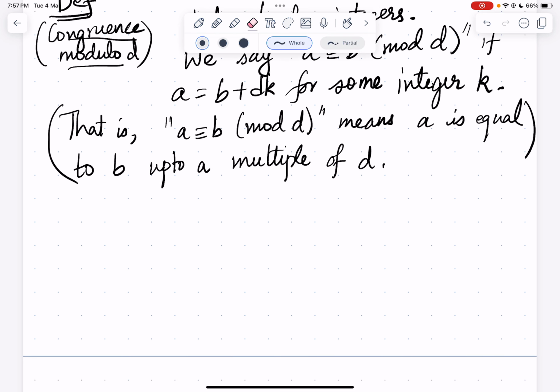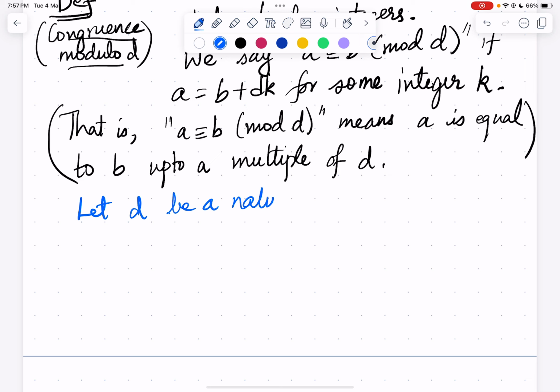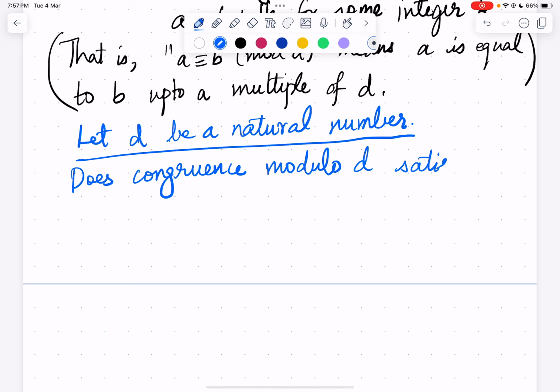Congruence modulo d. So we can ask, let d be a natural number. Does congruence modulo d satisfy the above essential properties?